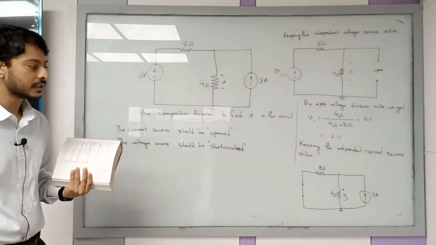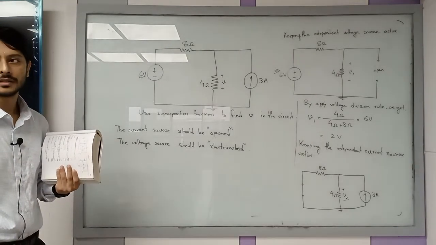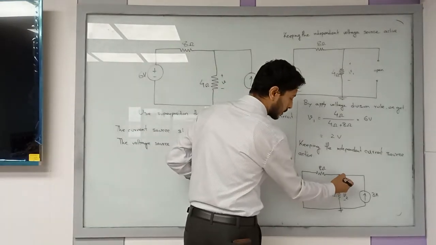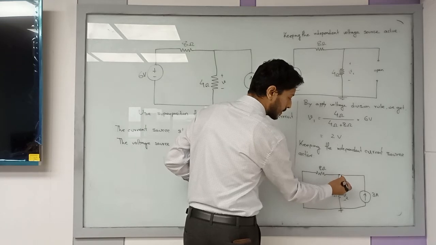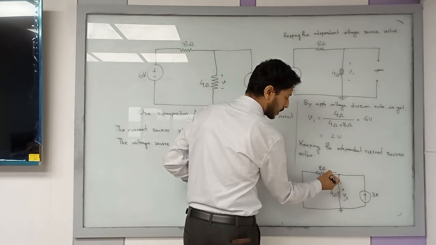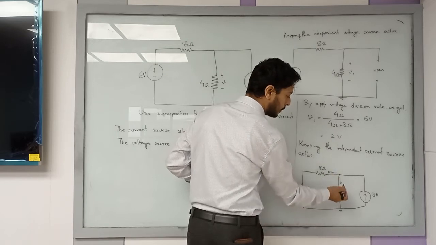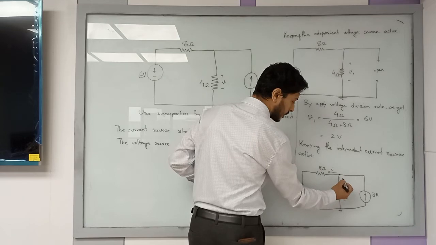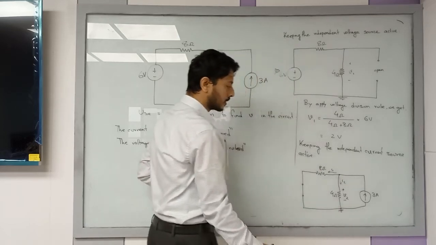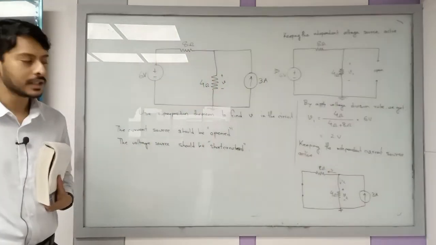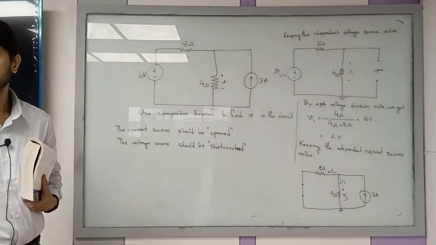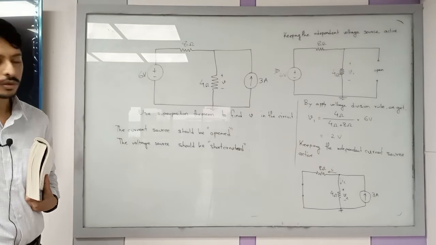So use the current divider rule to find V2. If you use the current divider rule, basically this is the nodal point. So one current should be flowing in this direction, the other current in this direction. You can name the currents as well. Let's say this is I1 and this is I2. If you can find I2, you will be able to find V2, right?